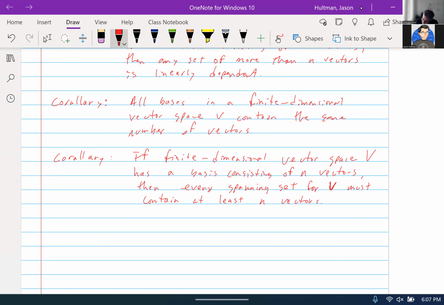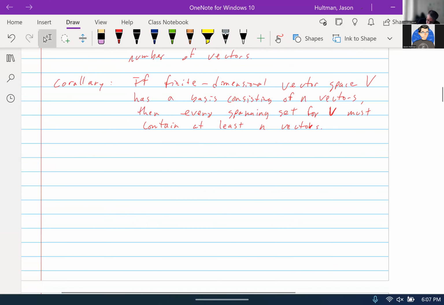Just saying that you can't get any smaller than the basis for a spanning set. You can get more to span vector space V, but you can't get any less. Okay, the basis is the lower bound.